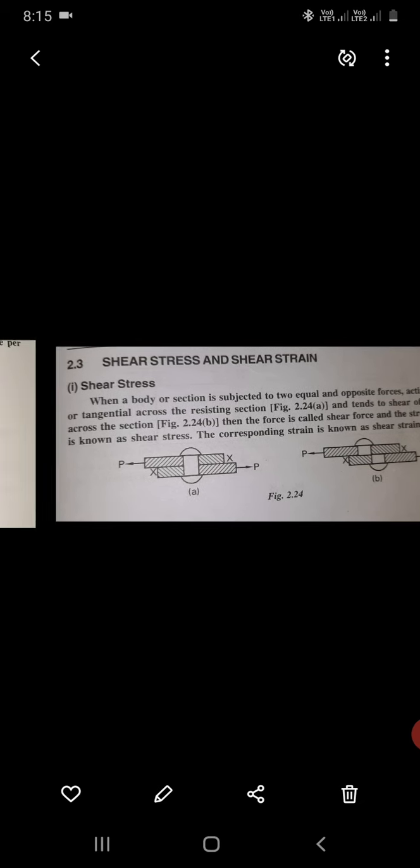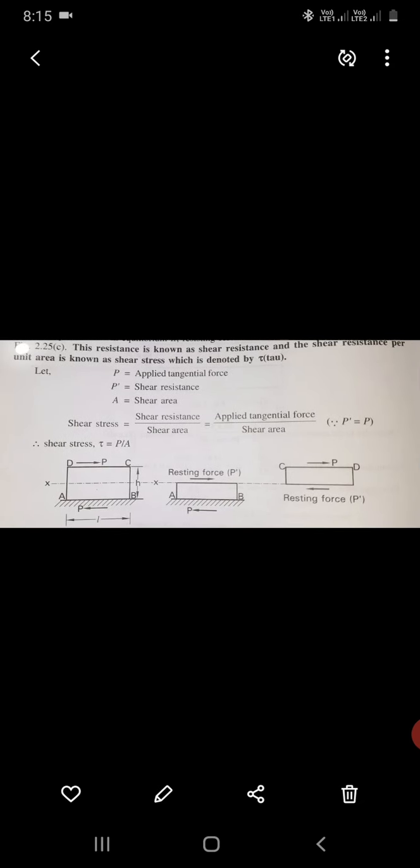When the body is trying to slice off, this slicing action is called shear stress, and the load is shear load. This shear resistance per unit area is known as shear stress and is denoted by tau. The formula: shear stress tau equals shear load upon shear area, P by A.